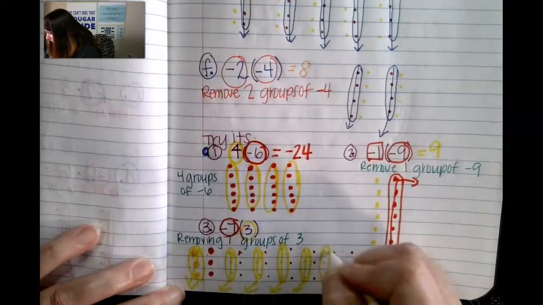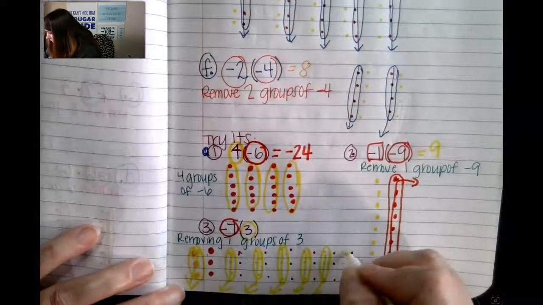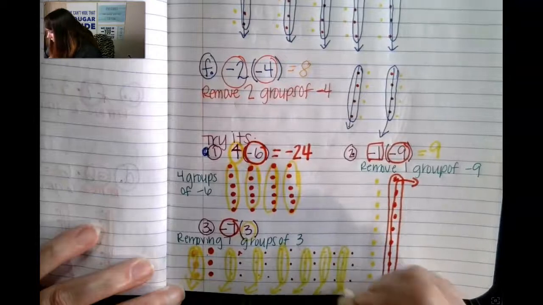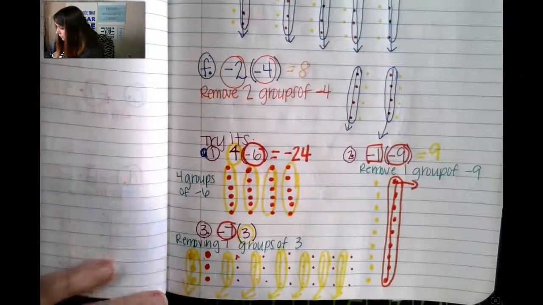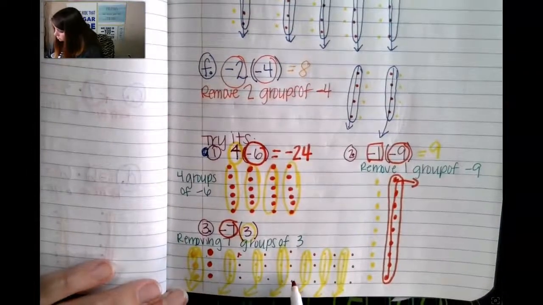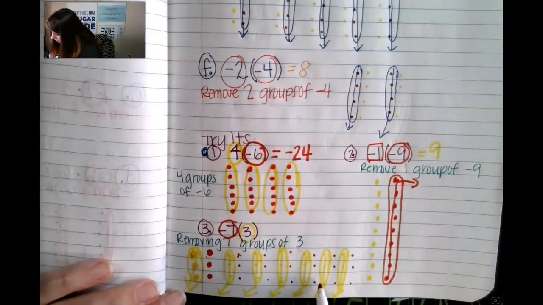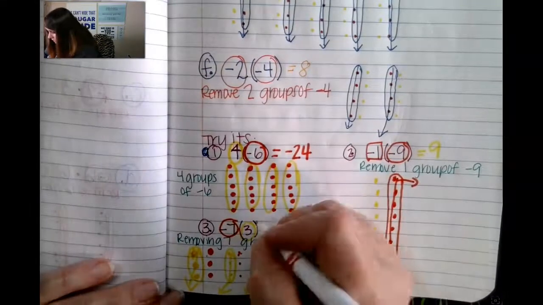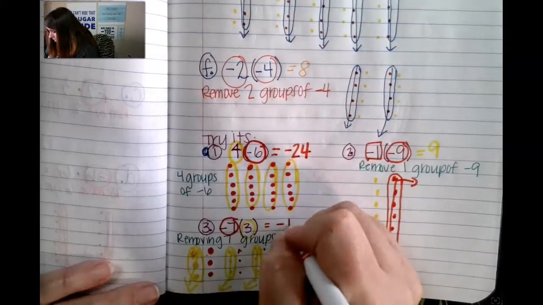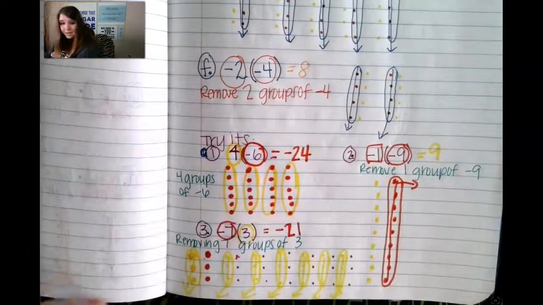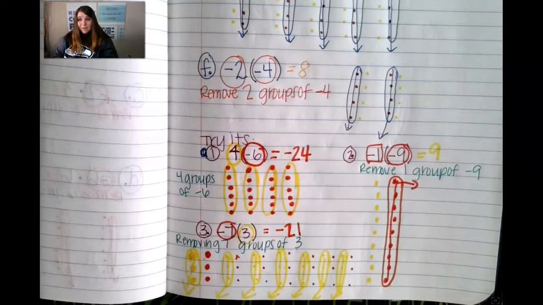Gone. And all that I'm left with is so much negative. 3, 6, 9, 12, 15, 18, 21. 21 negatives. That's what I was left with.